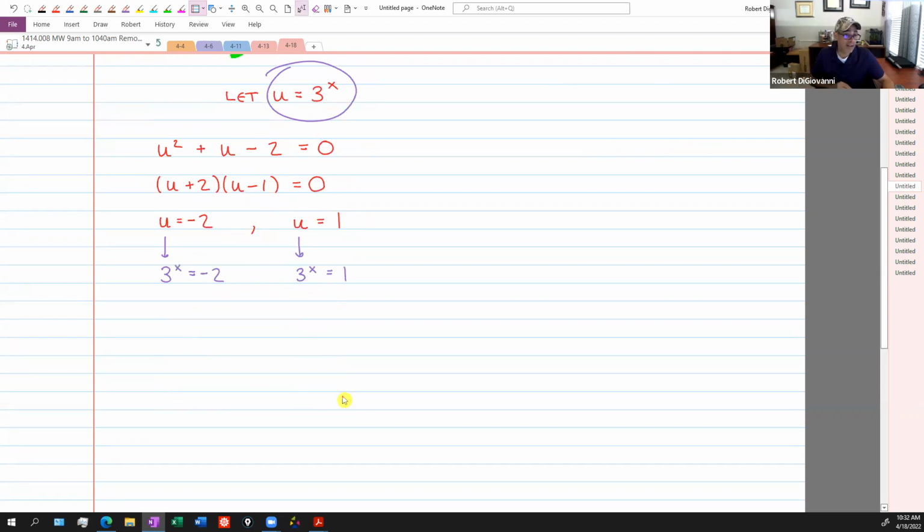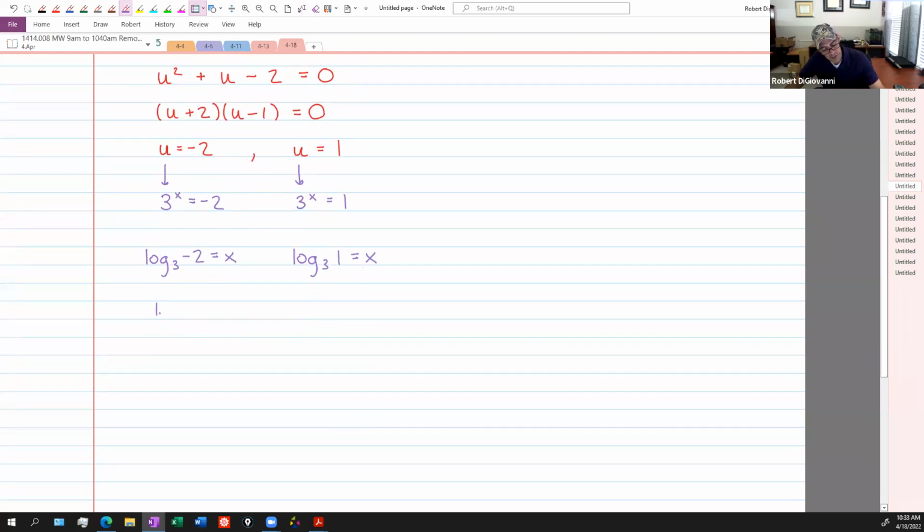And now you're back at the first problems we did with these today. You can just rewrite this as log base 3 of -2 equals x. If I do the loop, I'll get back that equation, 3 to the x is -2. And then this one would be log base 3 of 1 equals x, so 3 to the x equals 1.